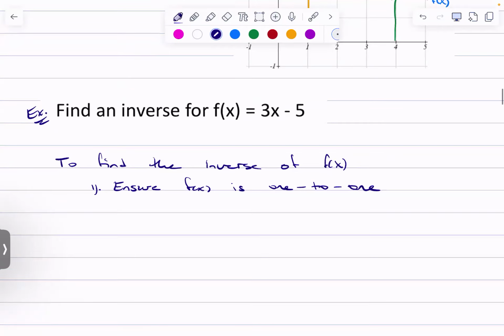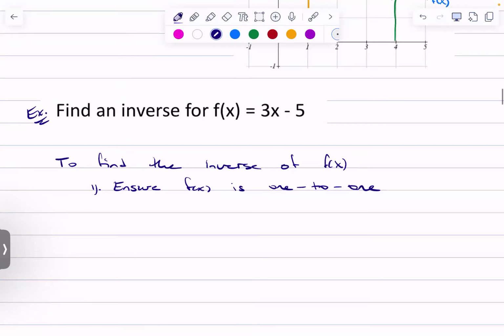In this case, we graphed it and it looked something like this. F of x equals 3x minus 5 is 1-to-1. And I should maybe use a different color here.